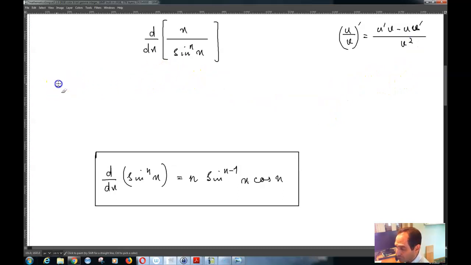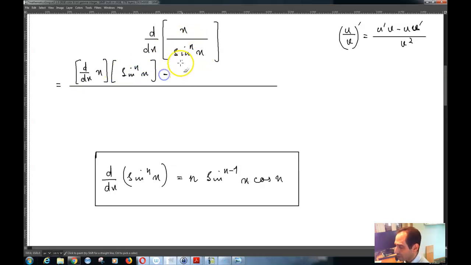So you can write this as d by dx of x times sine raised to the power n of x minus x times d by dx of sine raised to the power n of x, divided by sine raised to the power n of x whole squared.